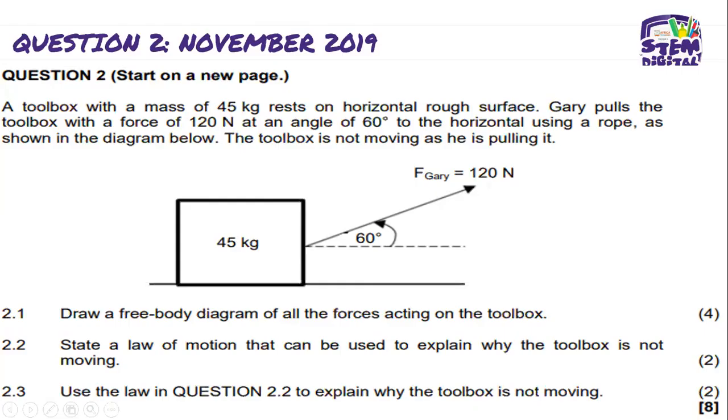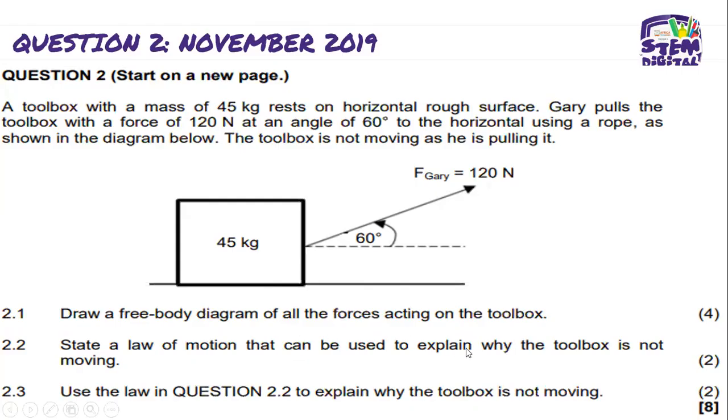It means the net force acting on the object is 0. So the object will remain at rest even when he pulls it, only when the net force is 0. So when the forces are balanced. Now, which law is relevant here? Now, the law that is relevant is Newton's first law of motion.